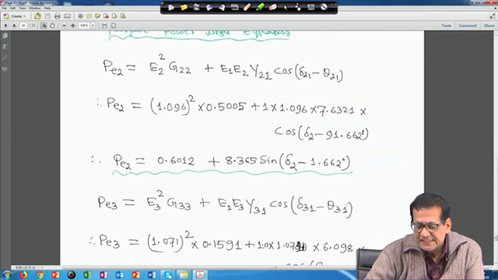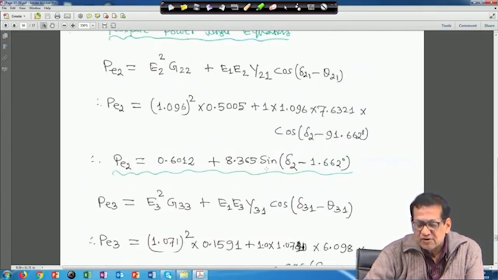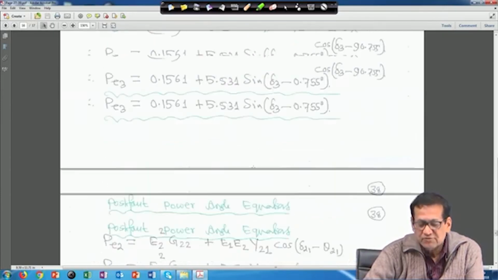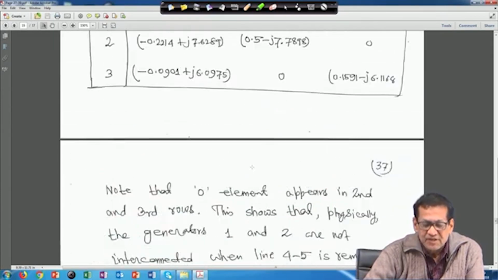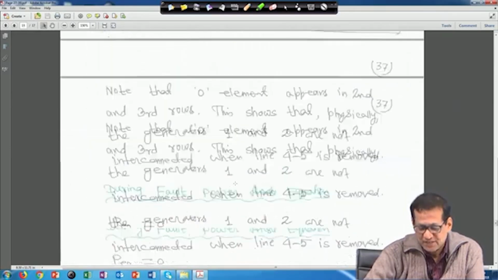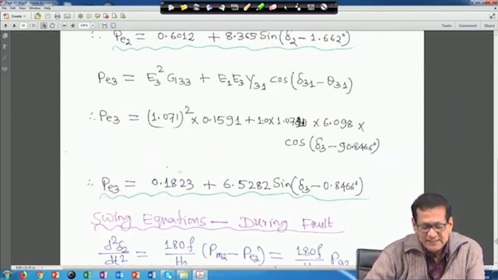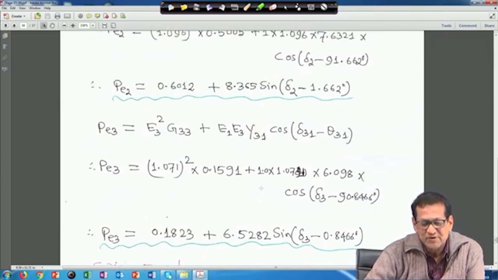In this case, for Y31 and Y21 or Y12, you only take the magnitude, because it is the magnitude of Y. So you get the P3 equation like this. We have got the P2 and P3 equations for the post fault condition.